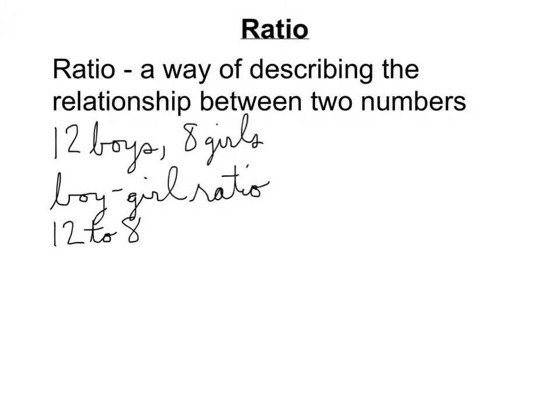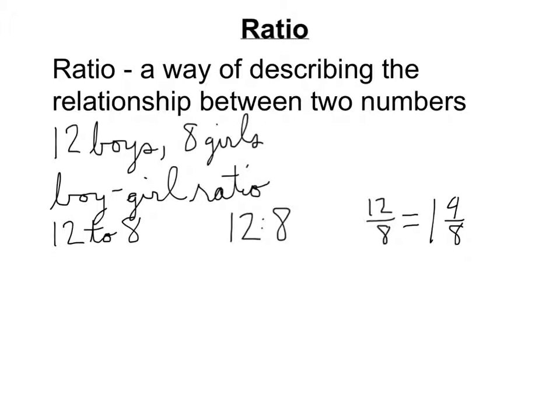There are 3 different ways to write a ratio. We can write it as we've written it in words, or we can write it symbolically. We can write it with a colon. We can also write it as a fraction. Now, something to keep in mind is that since a ratio is a way of describing the relationship between two numbers, even if I end up with a fraction like 12 over 8, if I were to make this a mixed number, it'd be 1 and 4/8.